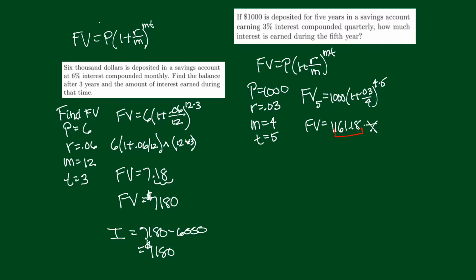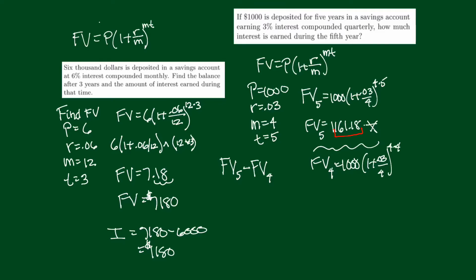So I think we can look at this problem this way. Let's take a look at what we made during the full 5 years, subtract off what we made during the first 4 years. So we already have this one, f sub 5. Now let's go ahead and find f sub 4. The future value after 4 years is going to be 1,000 times 1 plus 0.03 all over 4 raised to the 4 times 4.